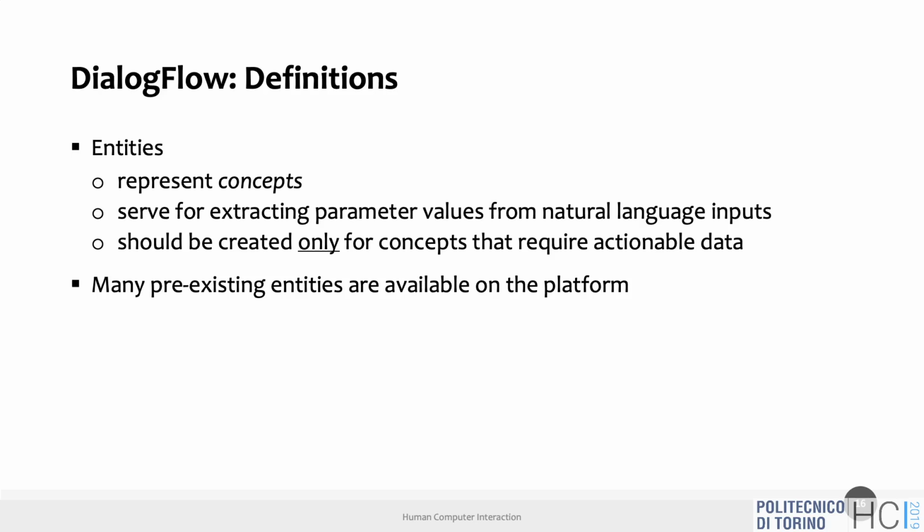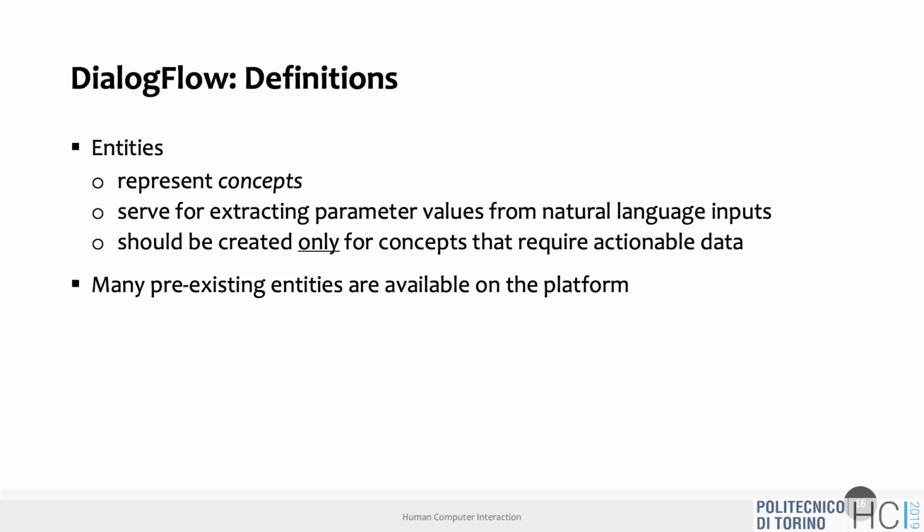And we get these two parameters independently from the sentence. So we can, for instance, pass them to a weather forecast service and ask for the weather for a specific date and the city, without having to extract them from the text and without having to pass the entire sentence to the service. There are a lot of entities on Dialogflow.